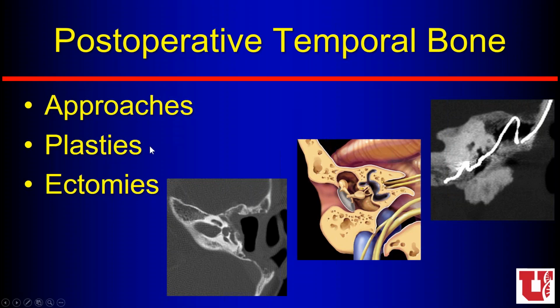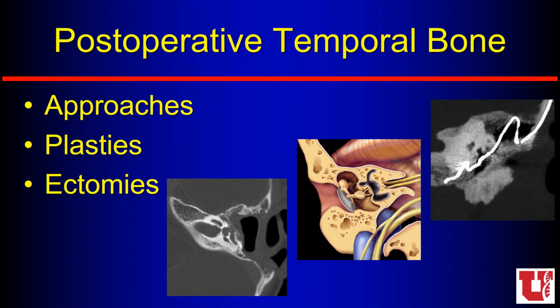I think about the plasty. If they did breach the middle ear, did they try to reconstruct the ossicles while they were there? And I think about those different types of ectomies. Is this a canal wall up mastoidectomy where they left up the back wall of the EAC? Is it a canal wall down where they took down the back wall of the EAC?